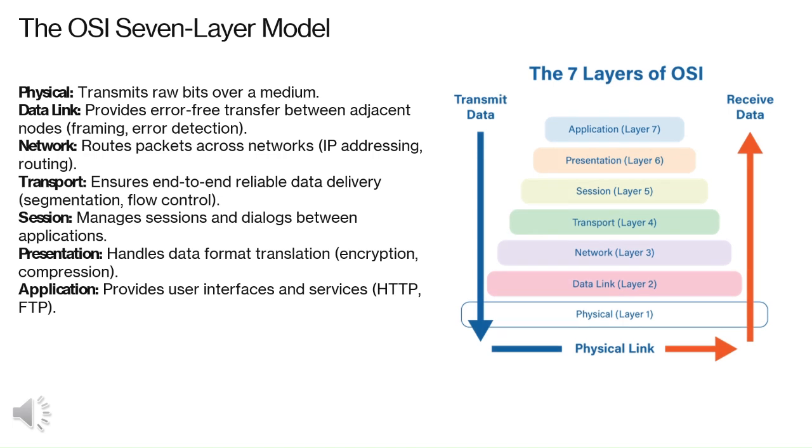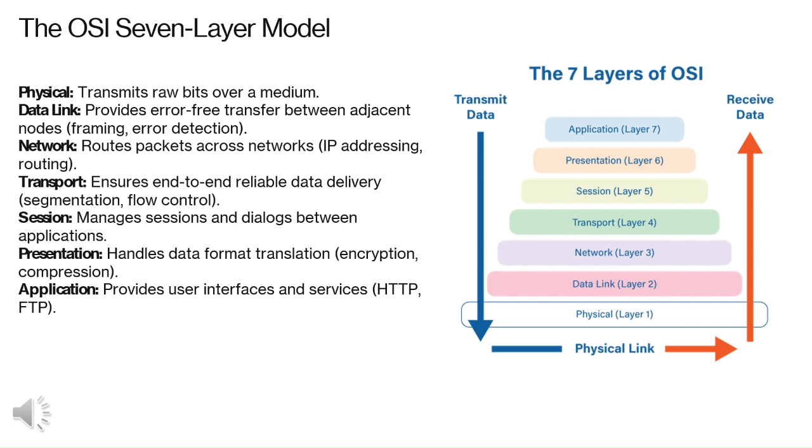Now we are going to talk about the OSI 7-layer model. There are 7 layers in there. What those are: physical, data link, network, transport, session, presentation, and application layers. If you think about the OSI model, it is a blueprint for network communication.